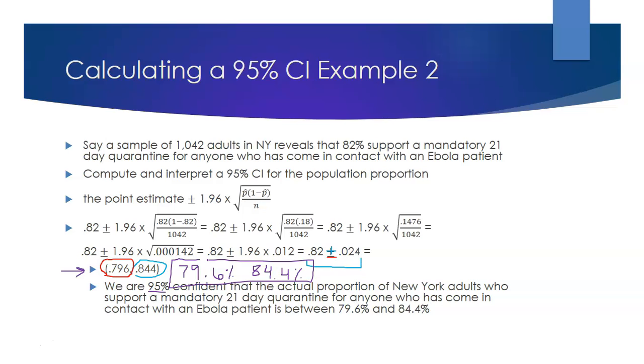So we're 95% confident that the actual real number or percent of adults who agree with that is somewhere in there. So our sample suggests that it's 82%, but instead of just providing that 1 point estimate as our conclusion, we can present this confidence interval and say that we're 95% confident that the actual value of the entire population is somewhere between 79.6% and 84.4%.